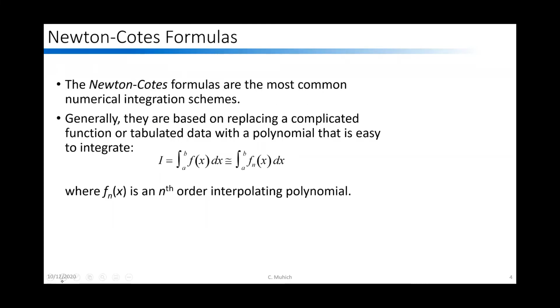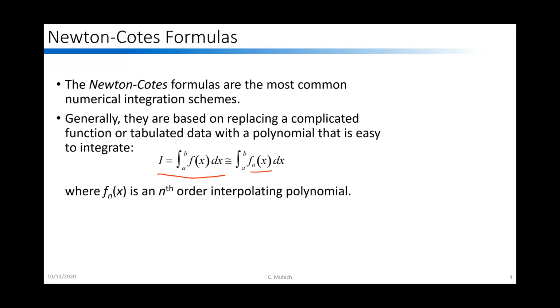So the main way that we're going to numerically approach integration is through the Newton-Cotes formula. The idea with this approach is that this definite integral from a to b over some function f of x can be approximated by an integral over some interpolated polynomial f of n, which is easy to integrate.